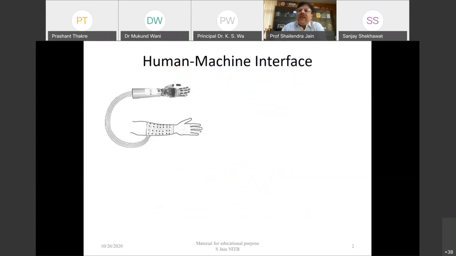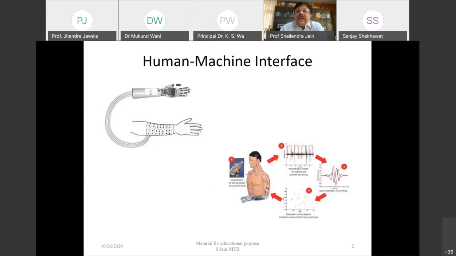Now, before we talk about the different issues, let's talk about the human machine interface in the form of an artificial hand. For an artificial hand, a brain will send a signal, and there is a need to sense these signals.